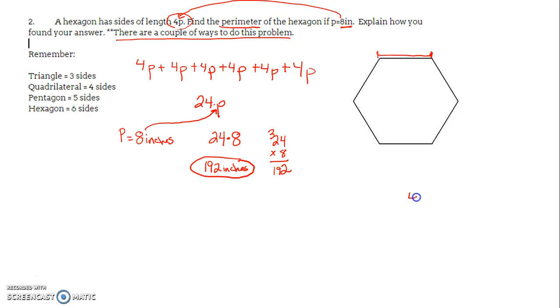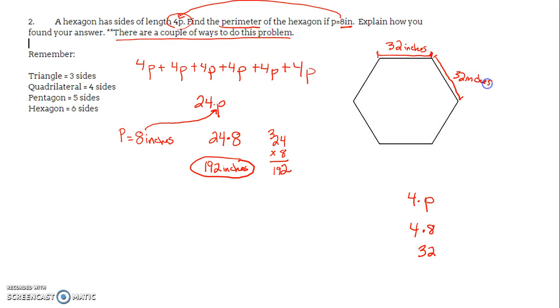So for each side length, it's 4p. That means 4 times p. Ms. Connor says p is 8 inches, so that means 4 times 8, which is 32 inches. That tells us each side length here is 32 inches.